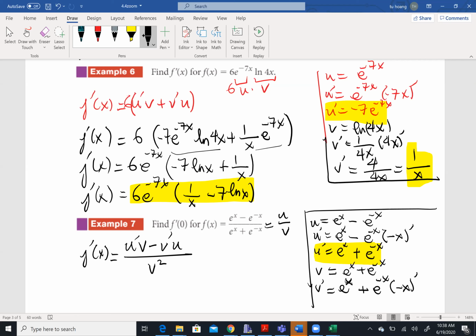So remember that the power in here is not x alone. It is with a negative, so that is a composition function. So you need to use chain rule in here. And simplify, you have v prime going to be e to the x minus e to negative of x. So that is v prime.